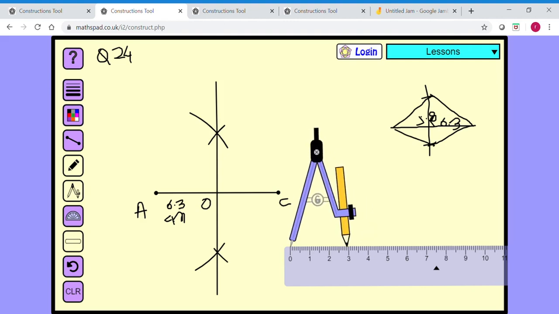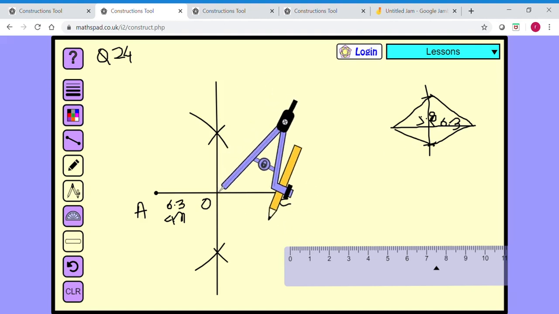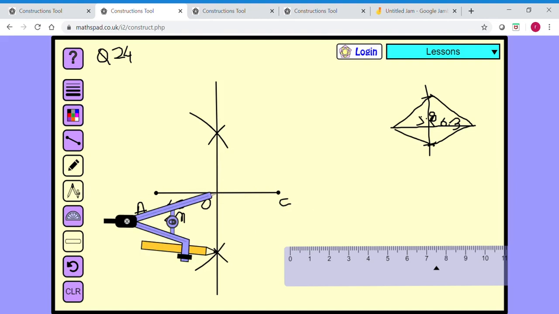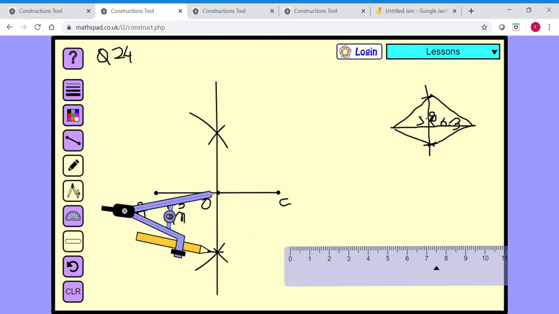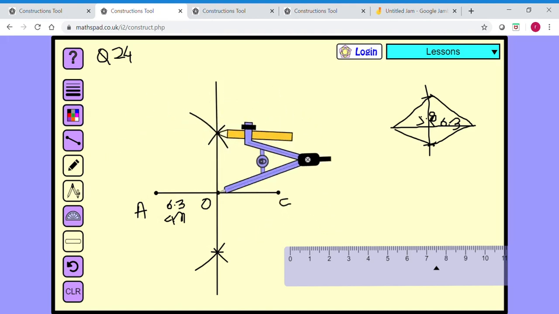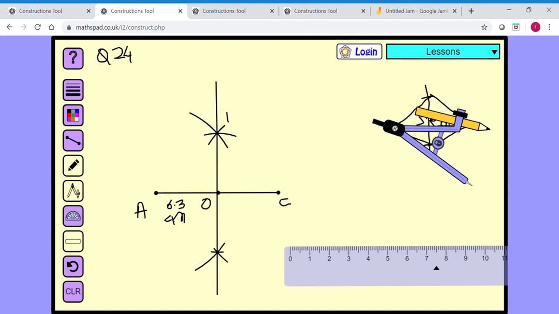So this is 2.9. I keep it at O and I cut an arc of, oh, this is exactly 2.9 that I've cut earlier. So I cut this here. This is 2.9. I name this point B and I name this point D and I join them.